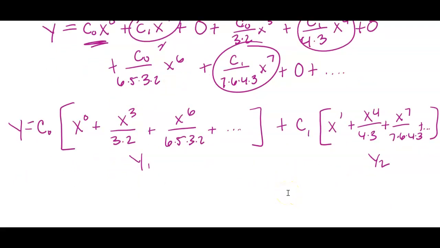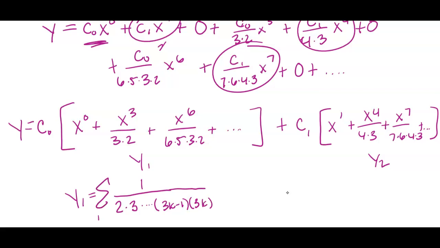You can try to figure out these patterns. So y1 ends up being something of the form 1 over 2 times 3 times, and then it's like 3k minus 1 times 3k. And if you notice, we're going to start at k equals 0. Then we have x to the power of 3k.